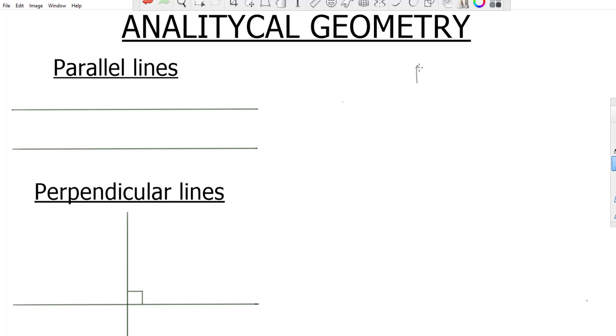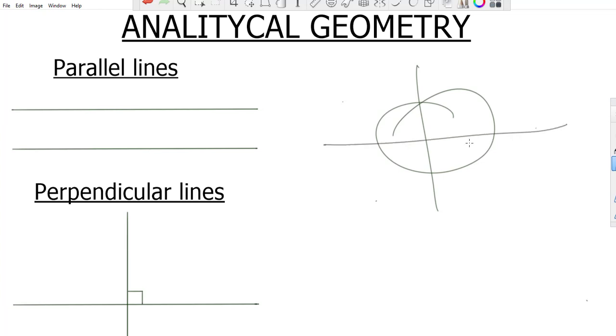Like they can put something like this, and then we have a line that goes like this, and it's the center where we have another line going there. Or another line maybe passes over there.